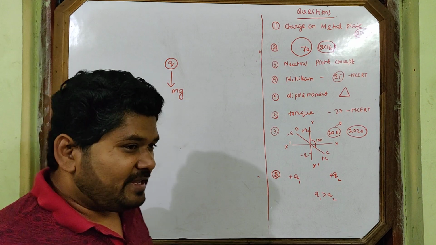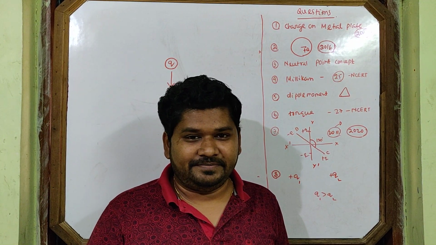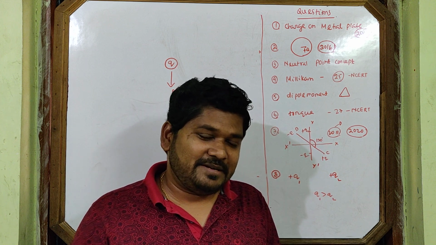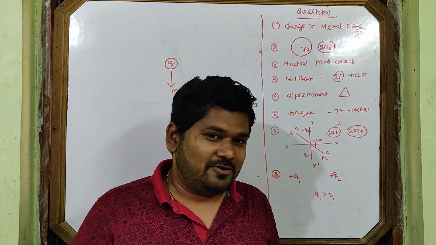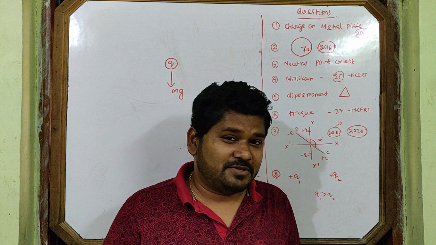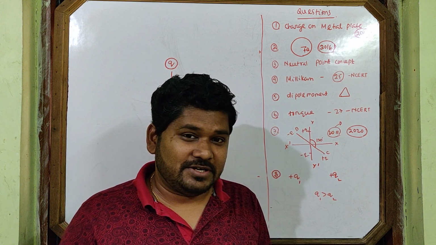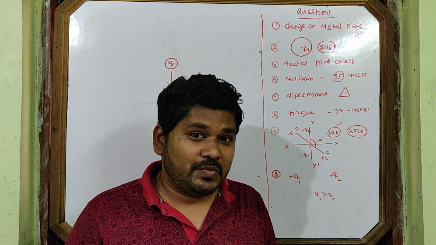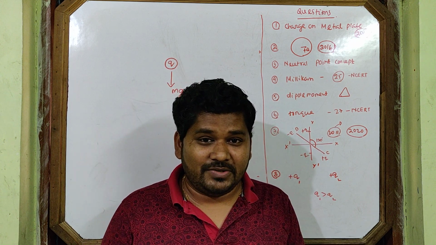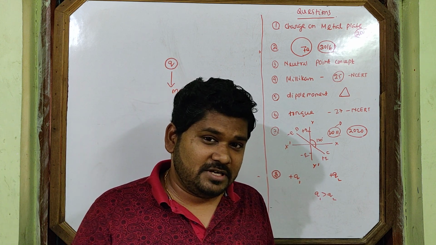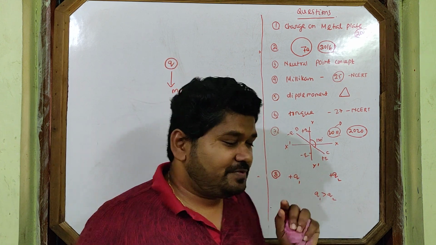You keep the oil drop in an electric field. If you keep a charge Q in an electric field of intensity E, how much force acts on the charge? Already I have told you, F is equal to QE. If Q is positive, force is along the field. If Q is negative, force is opposite to the field.